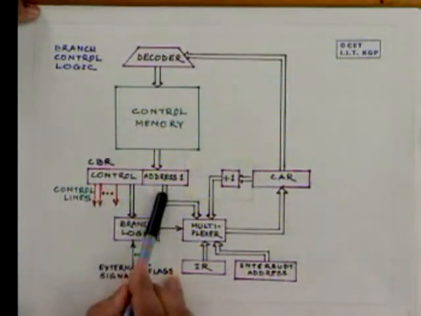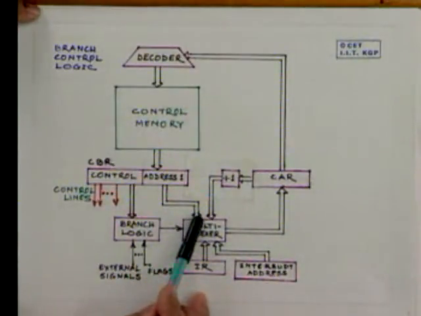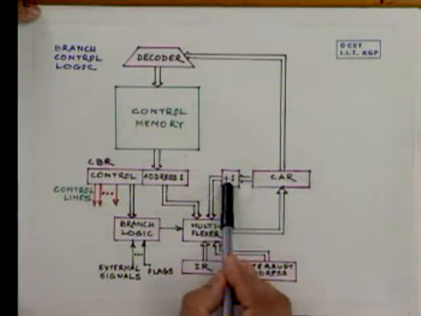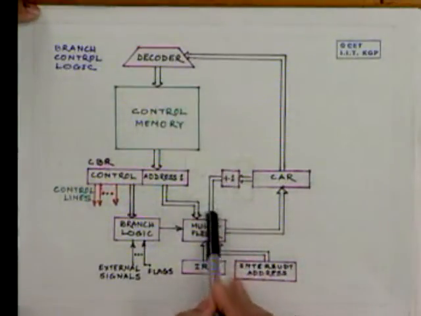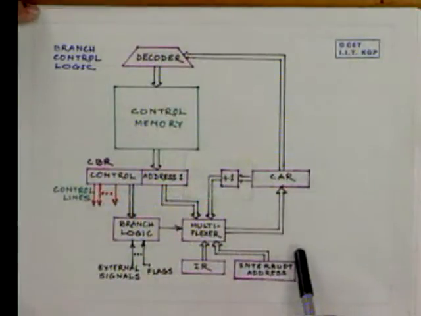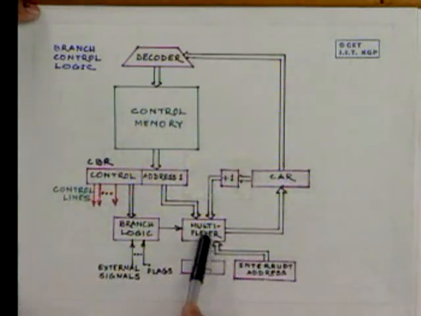One portion can be that address that comes into this multiplexer. Control address register can be incremented here, and can come to this multiplexer. Instruction register content also comes as an input of the multiplexer, and the interrupt address, in case the control unit has to handle an interrupt, also comes into that multiplexer.